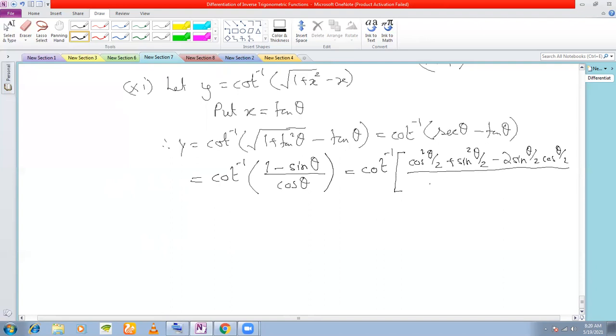And here in the denominator, I can write this using cos 2 theta, which you know is cos square theta minus sine square theta. So you'll use this.